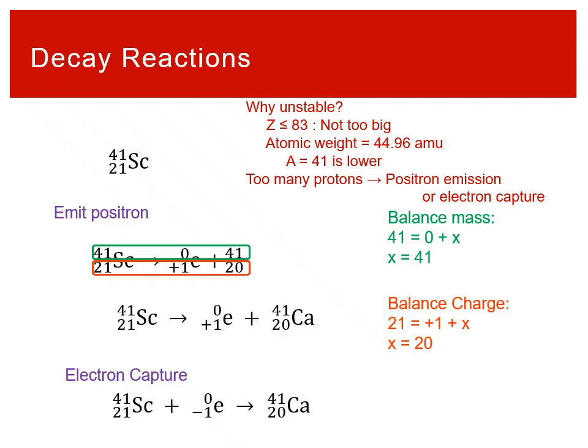Whether an atom undergoes one or the other is based upon kinetic issues, whichever one has a lower barrier, because both of them are possible and both achieve the same product nucleus. So which one happens is based on the specifics of that particular nucleus and what it wants to do. But it doesn't really matter which one you choose, because the daughter that you make is going to be the exact same.